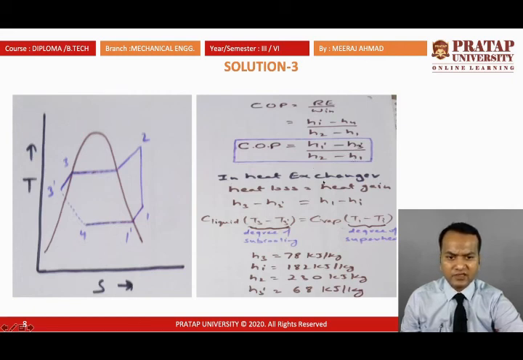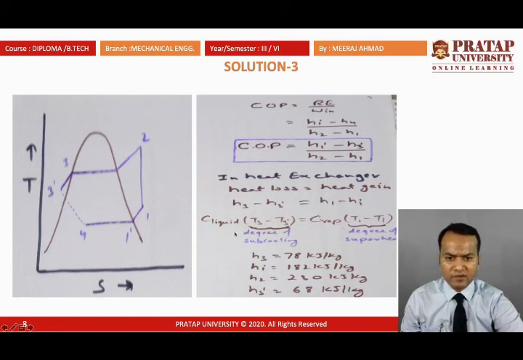In the heat exchanger, we can say that the heat loss equals the heat gain. It transfers heat from here to here. So heat loss should be equal to heat gain. So H3 minus H3 dash equals H1 minus H1 dash.